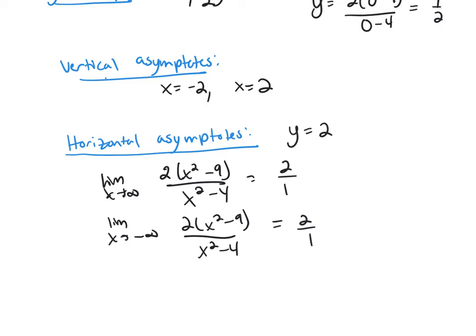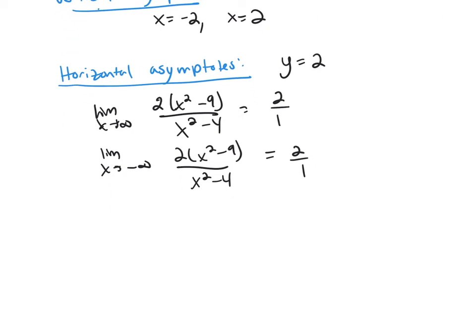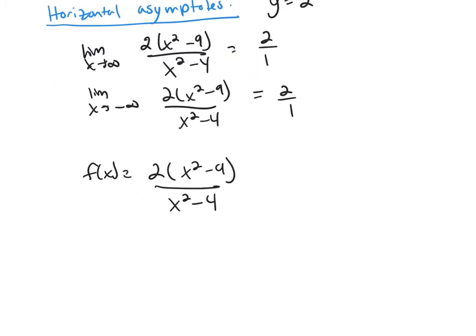So now we're going to take our function and find the derivative. Remember, our function is 2x squared minus 9 over x squared minus 4. And you're going to have to use the quotient rule to find your derivative.